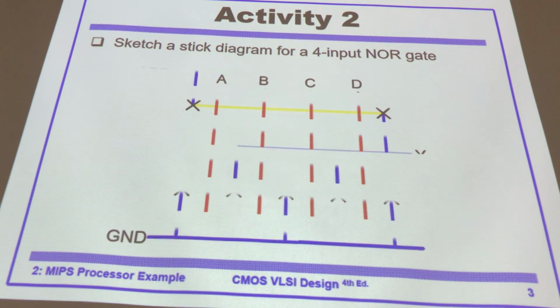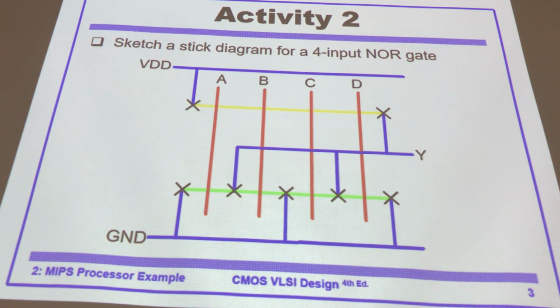So again, given the 4-input NOR gate, this is the circuit diagram. For the PMOS transistors, it's easy: for a NOR gate, the pull-up network transistors are in series, simply A, B, C, D, 4 transistors connected in series. And for the N network, they are connected in parallel. So how do you draw the circuit diagram?